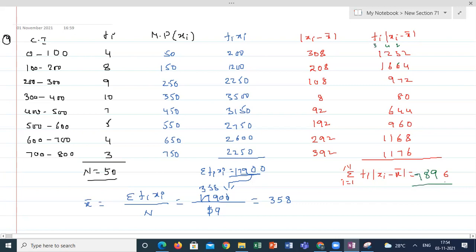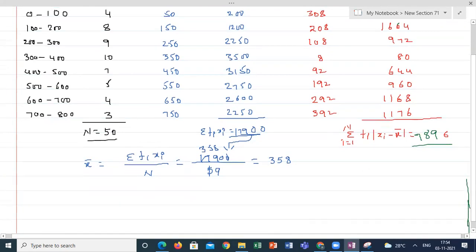I got 7896 as the summation of all the deviations.